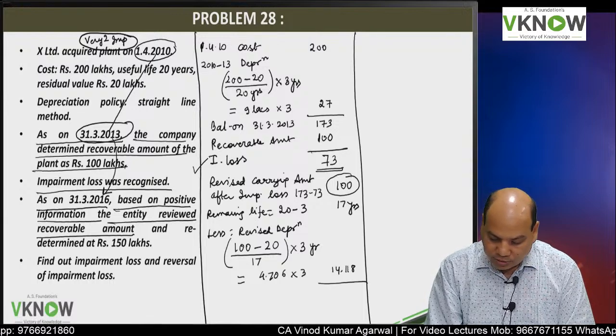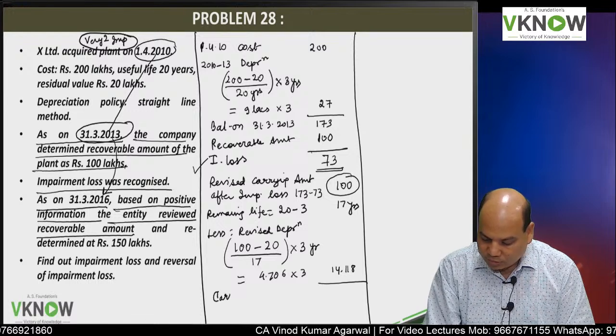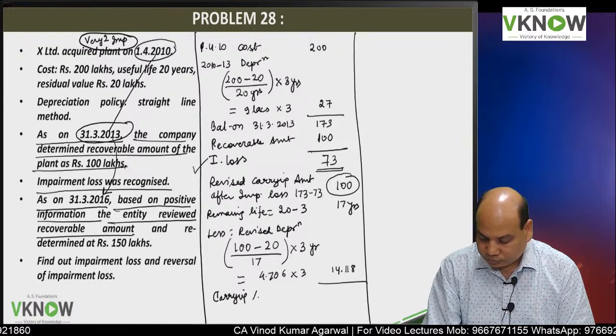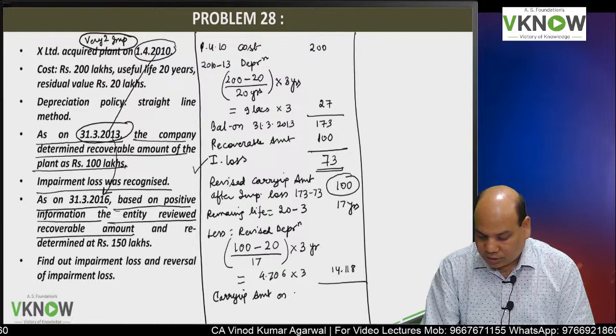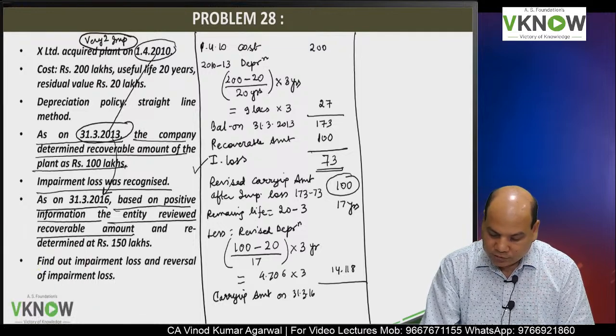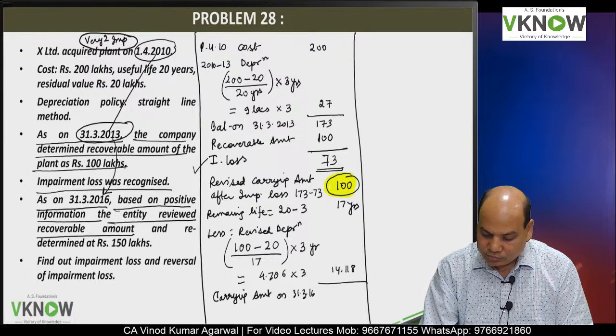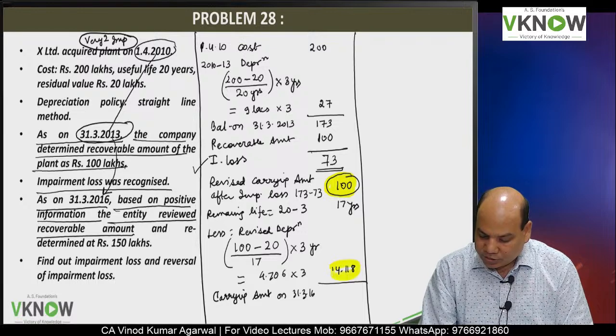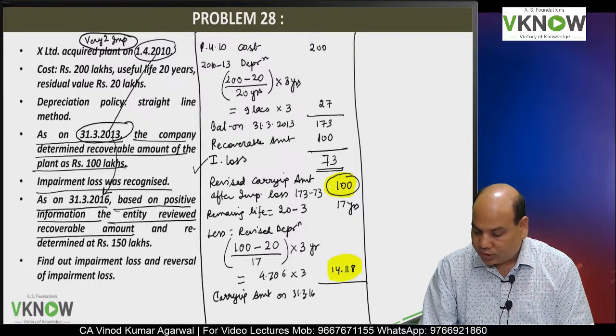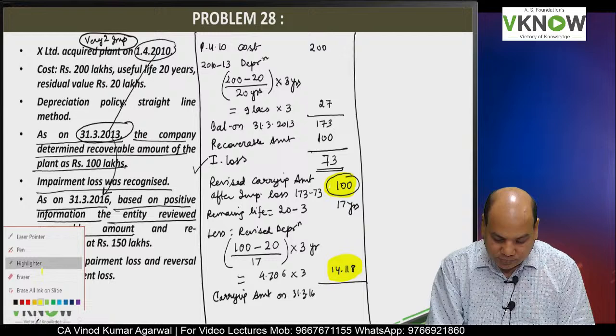So what is my carrying amount on 31st March 16? 100 was the carrying amount. Now we have depreciated over 3 years 14.118.